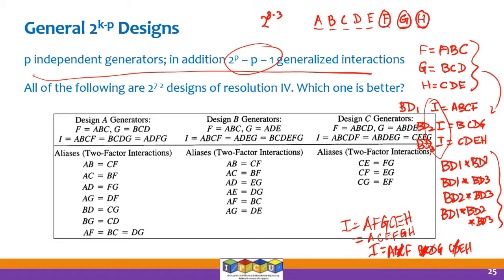So totally you will have 2 to the power of P minus 1 interactions overall. Why? Because this P and this minus P, you add, they kind of cancel each other. So you're left with a total of 2 to the power of P minus 1 overall number of interactions, or generators. But out of them, the P ones are the ones you choose originally. Those are the independent generators.